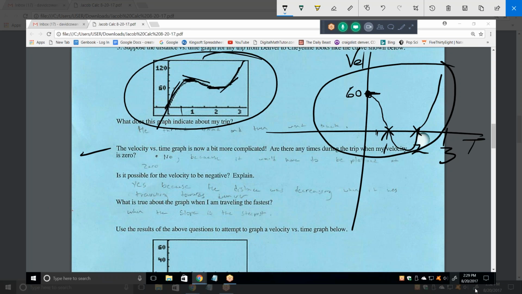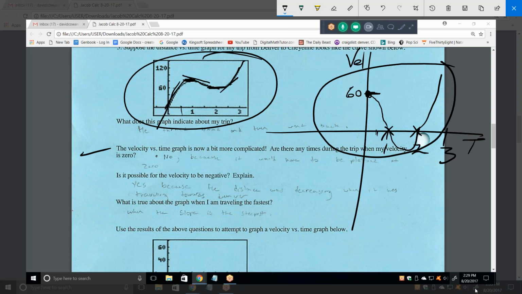Start by saying, are there any times where the velocity is 0? Well, yes, there is. There's at time 1 hour and there's at time 2 hours. And all we have to do to fill in all of the other points is to figure out the slopes of the tangent line.